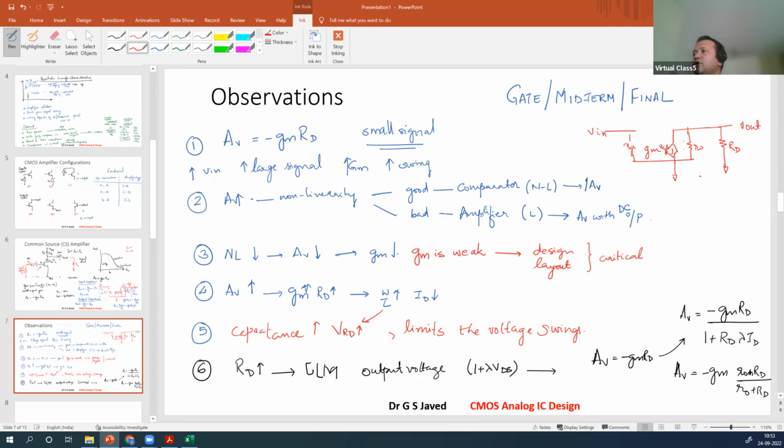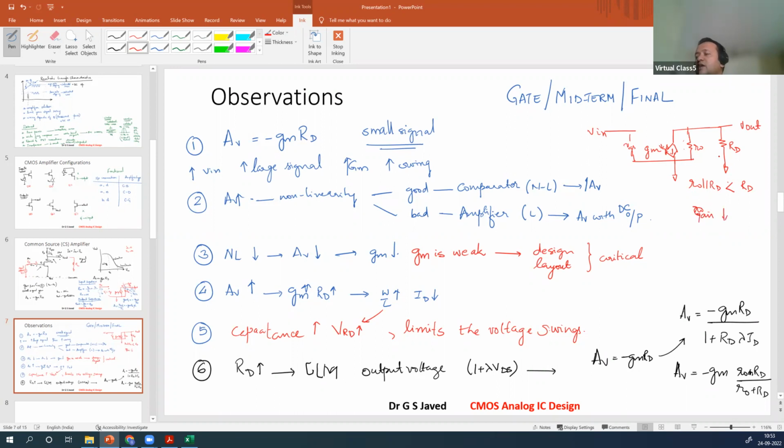So these two will come in parallel. So you have r0 in parallel with RD. Whenever anything comes in parallel with a resistor, it assumes a value lower than the lower value. So r0 parallel with RD is less than RD, no matter whether r0 is more or RD is more. So your gain also will come down.